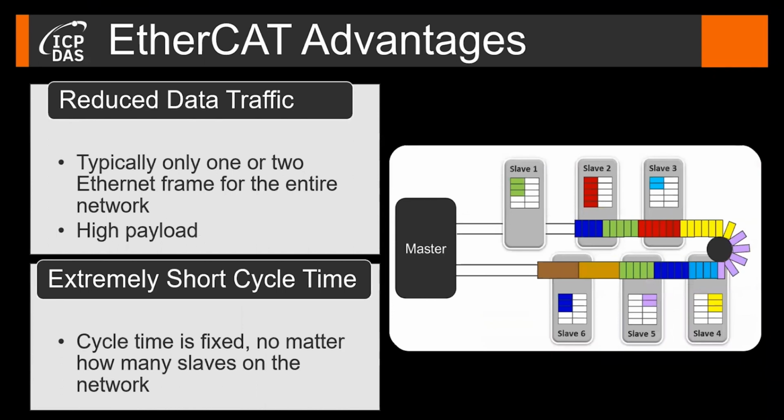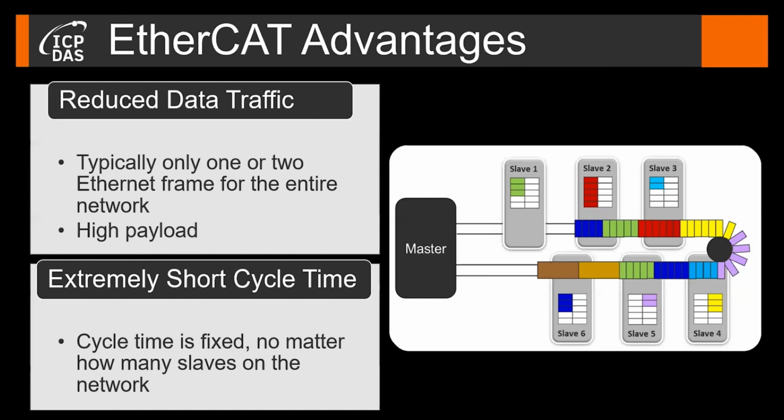EtherCAT is optimized for reduced data traffic. A traditional EtherCAT network consists of a master controller along with multiple slave devices connected to the master using an Ethernet cable. Typically, only one EtherCAT frame per cycle is needed to exchange data with all the slaves in the entire network. Each cycle, a single telegram is passed by the EtherCAT master with the data of all nodes.